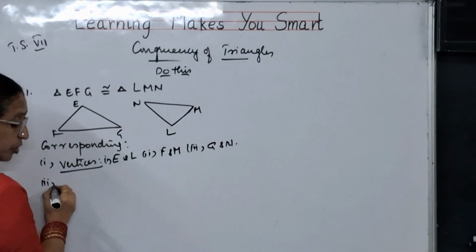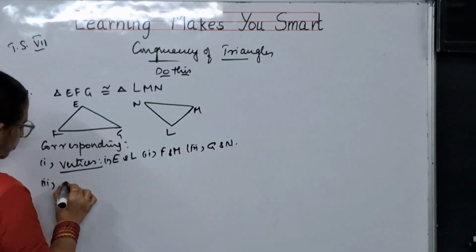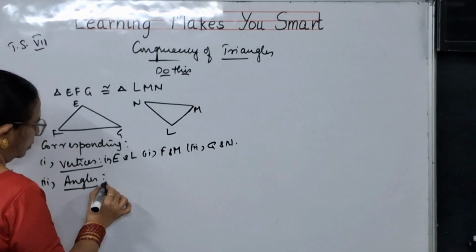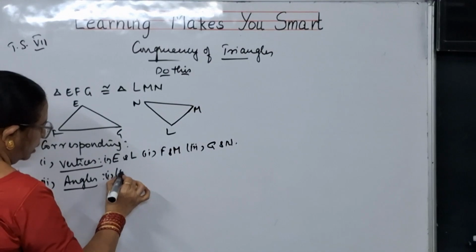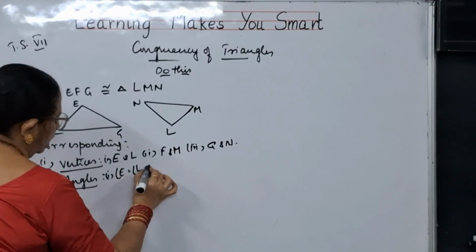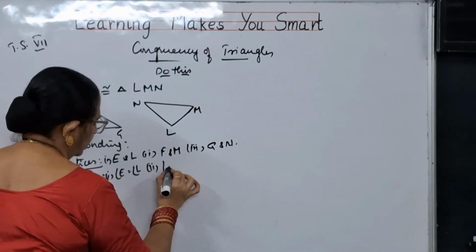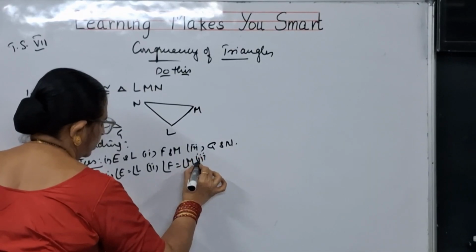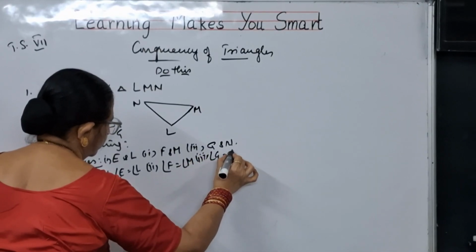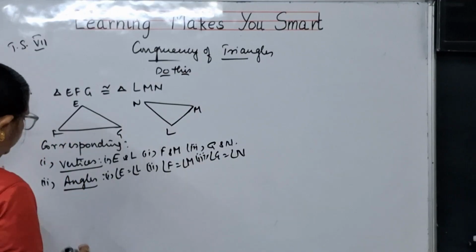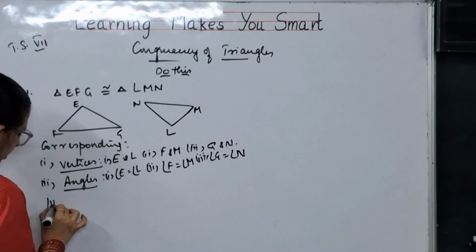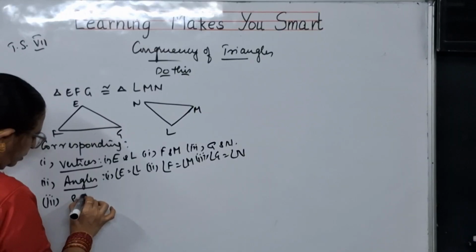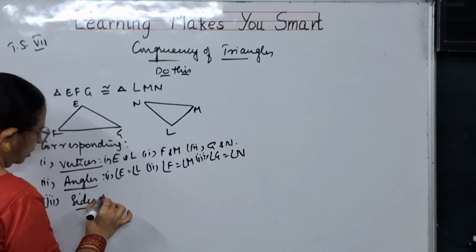Second one, corresponding angles. Angle E is equal to angle L, and angle F is equal to angle M, and third, angle G is equal to angle N. And the third one is the corresponding sides.